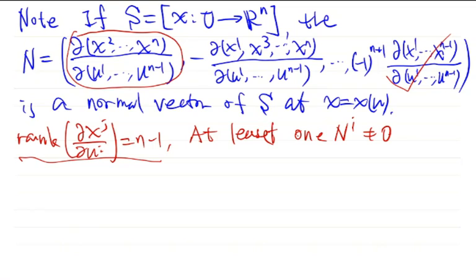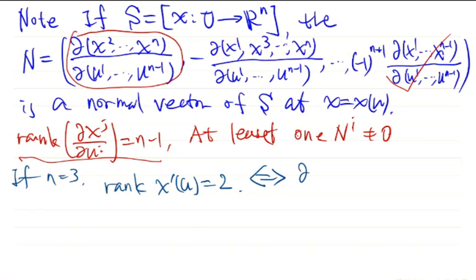Okay, and for the three-dimensional case, if n is 3, then the rank of x prime u being 2, that is n minus 1, is equivalent to x_u1 cross x_u2 not being 0.